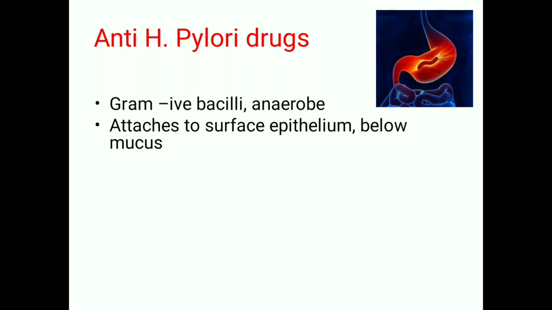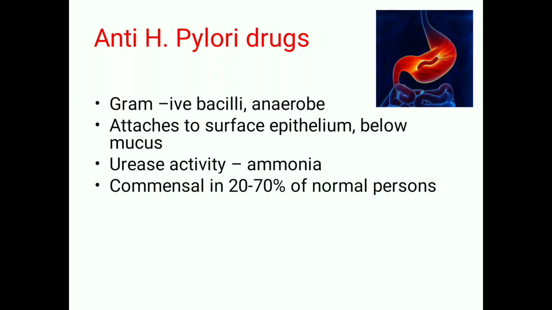It attaches to the surface below the mucosa in the submucosal area, and how this bacteria is able to survive is because it has urease activity, and thus it is able to produce ammonia, and that ammonia neutralizes any acid surrounding the bacteria.